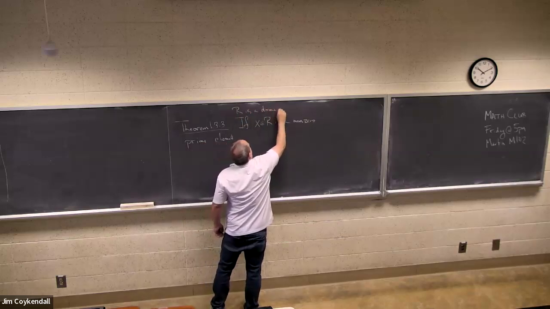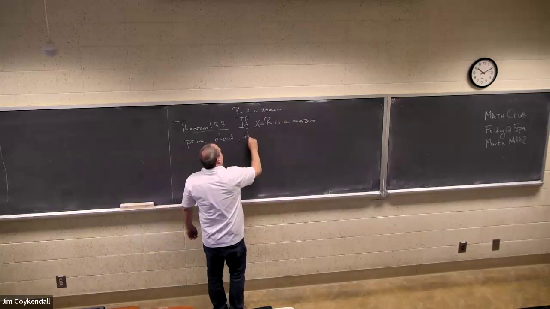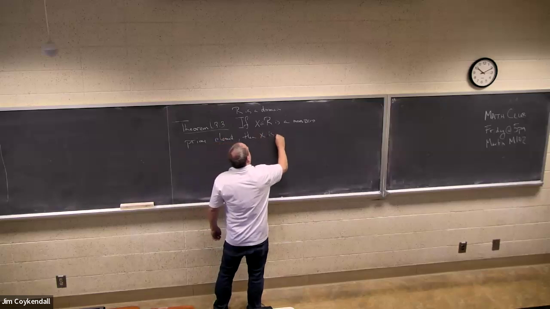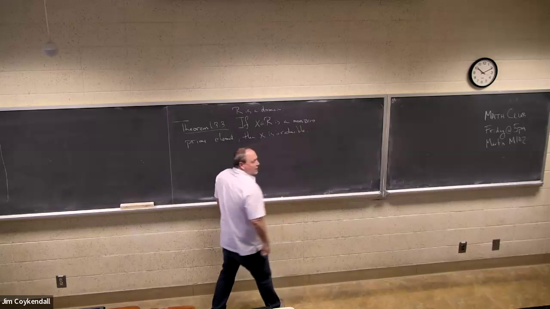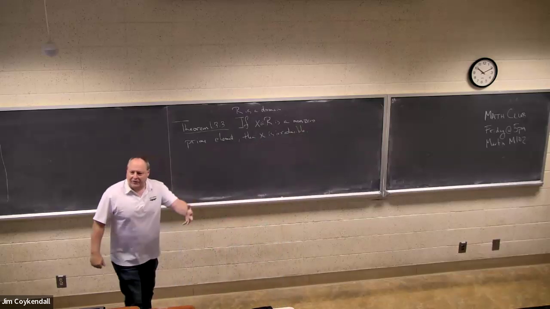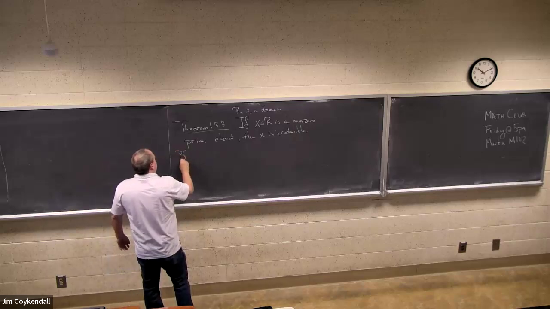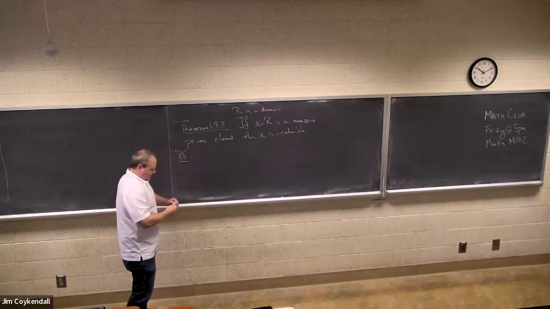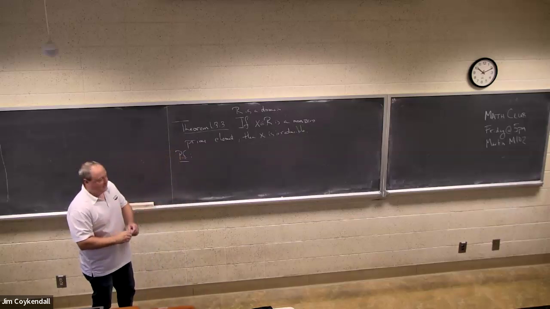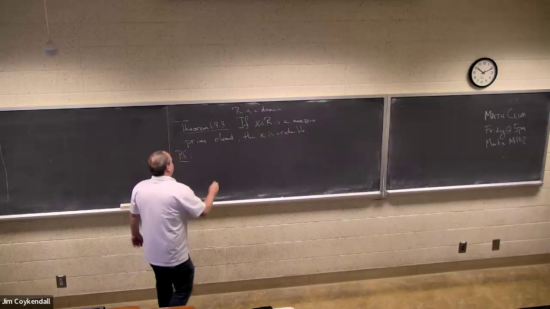Then x is irreducible. So if you look at the non-zero elements, saying that something is prime is a stronger statement than saying that it is irreducible. Good stuff. So let's prove this.